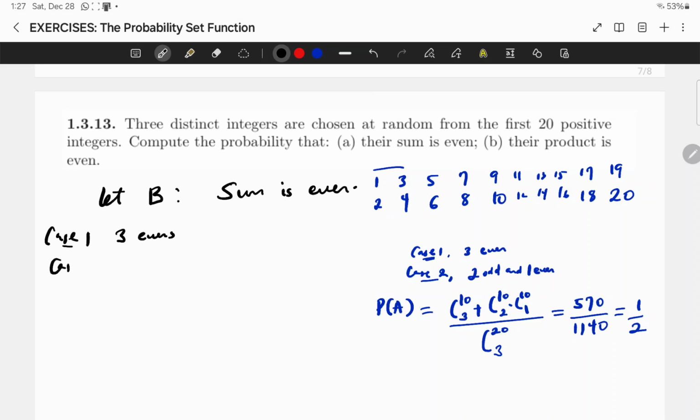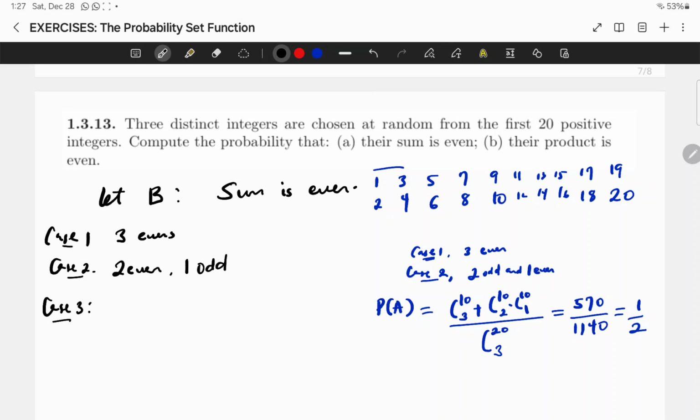That's case 1. Case 2 is, what if we pick 2 even numbers? That's 2 times 4, 6, 6 times 3, 18. Then 2 even, 1 odd also is going to give us an even product. So that means we pick 2 even and then 1 odd. So what other case?